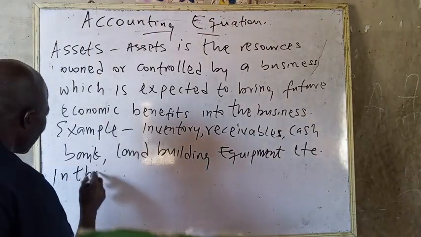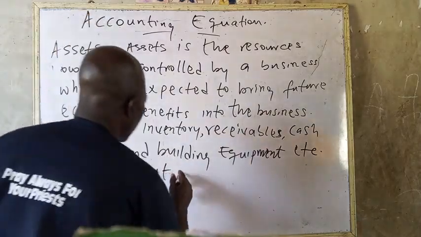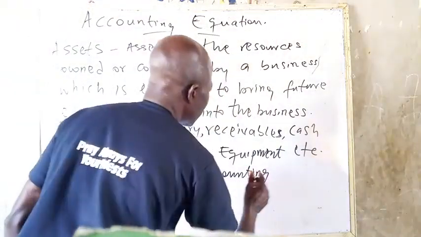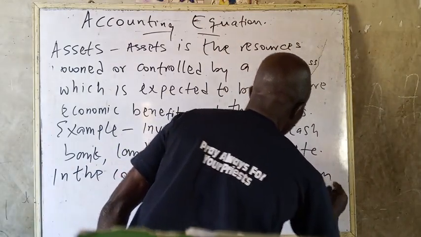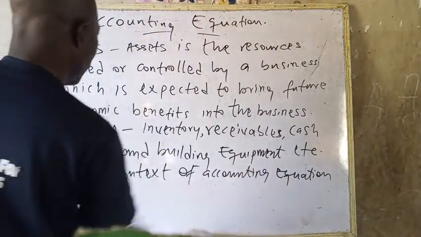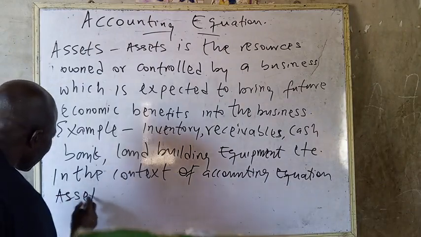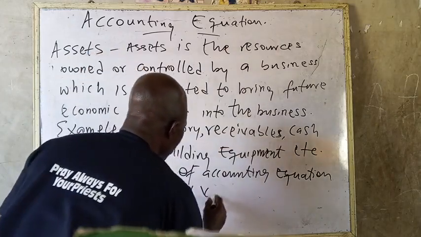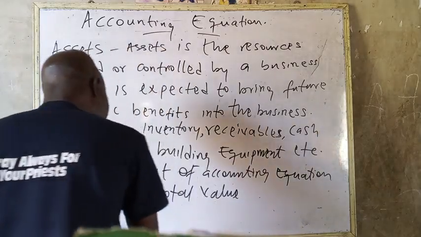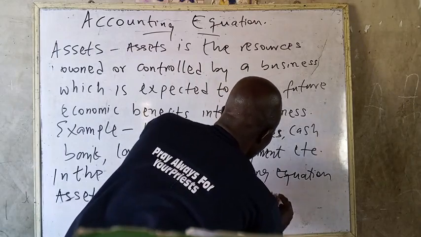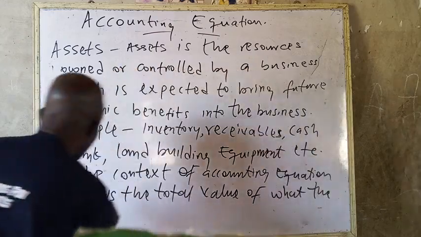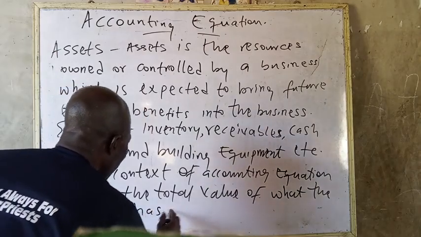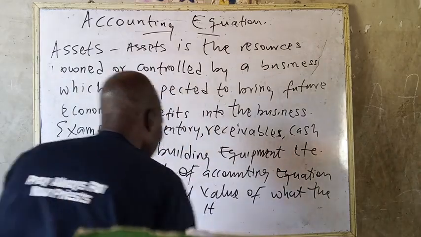In the context of the equation, assets is the total value of what the company has, what the company has at its disposal.